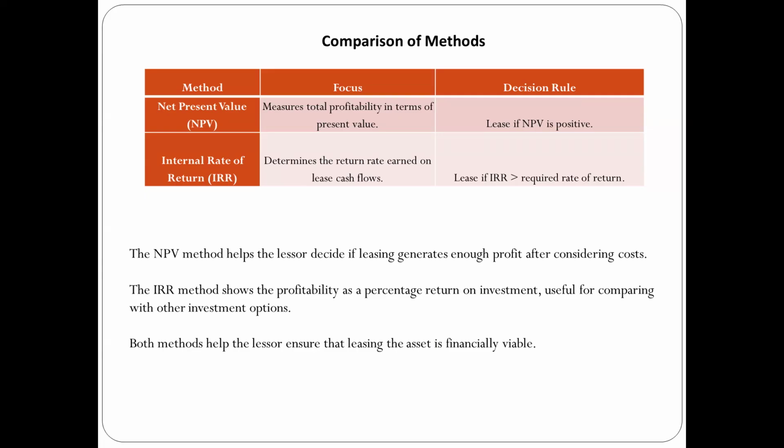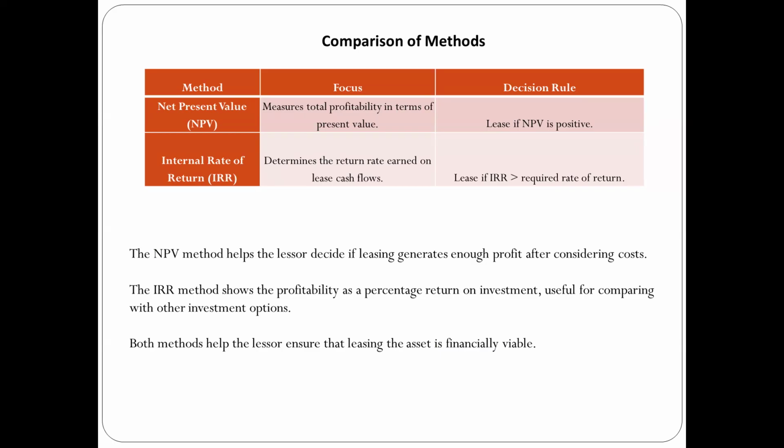Second point is internal rate of return, IRR. Focus: determine the return rate earned on lease cash flows, which means IRR shows the percentage return you are earning from the lease.